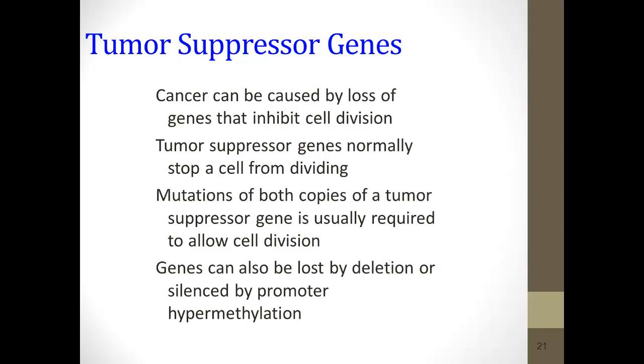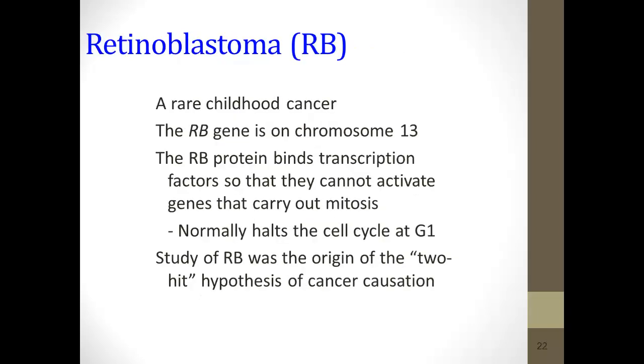These genes can lose the ability to suppress the tumor by either a deletion or a silencing by a promoter. So the gene's instructions are either deleted or silenced. So retinoblastoma, which is a childhood cancer, is located on chromosome 13.